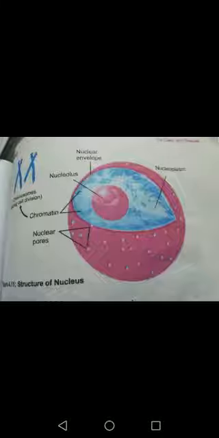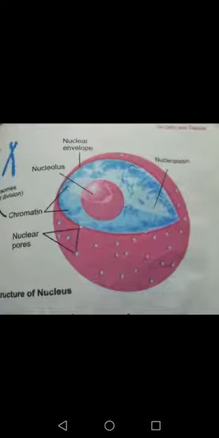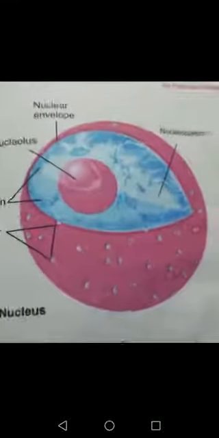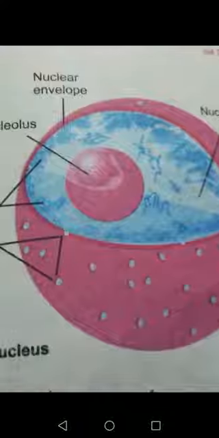If we talk about its composition, the nucleus is surrounded by a nuclear envelope. This is the structure of the nucleus and this is the layer around it, called the nuclear envelope. The nuclear envelope is a double membrane.